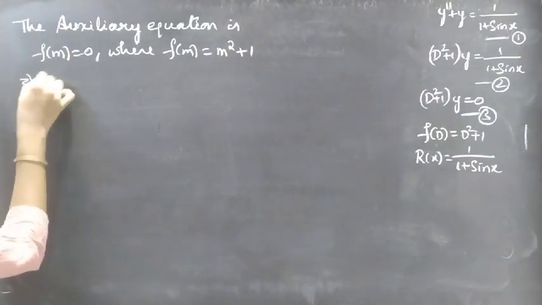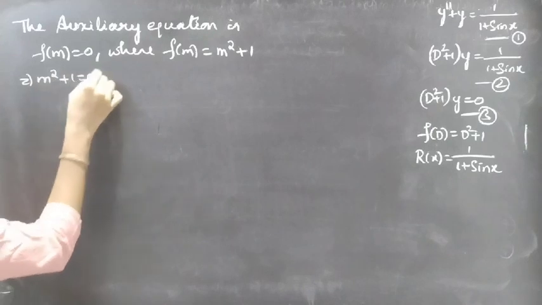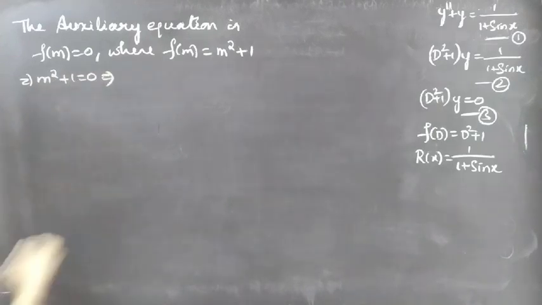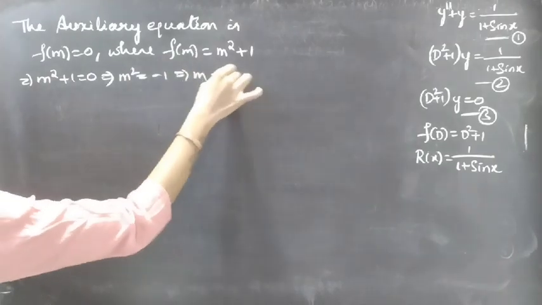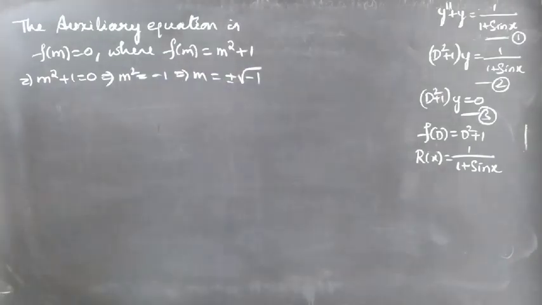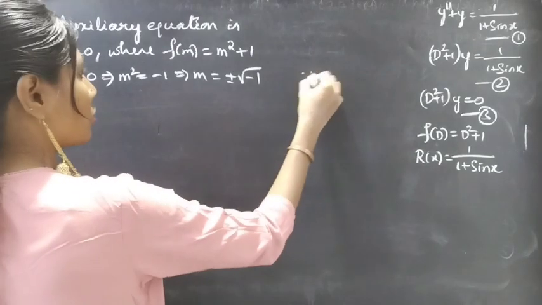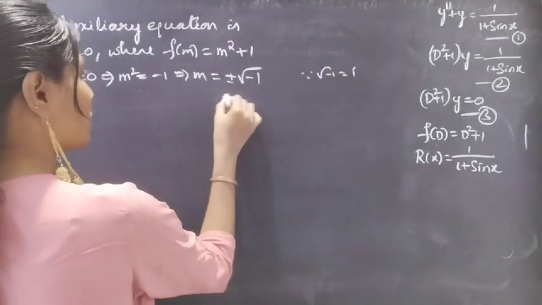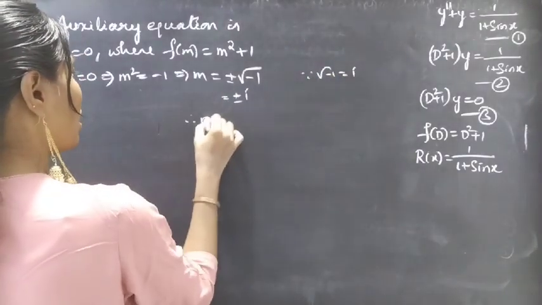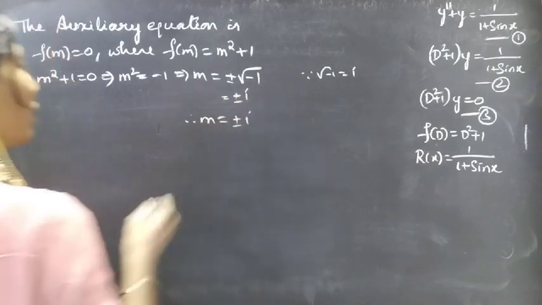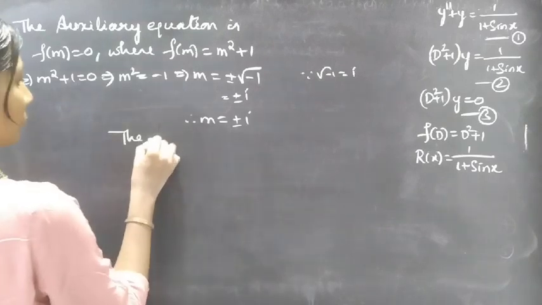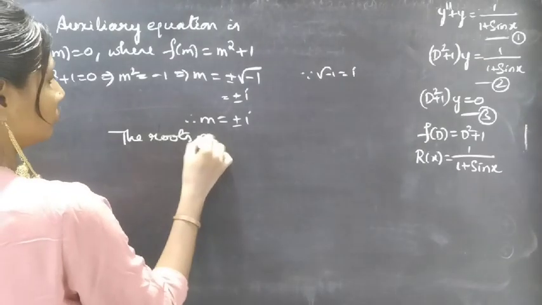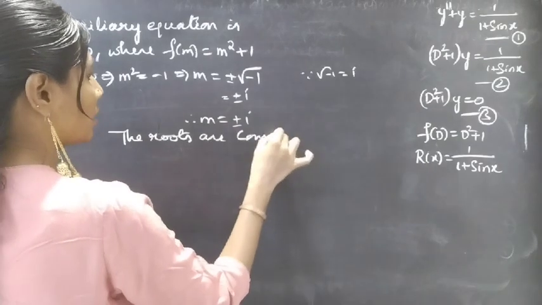Now the auxiliary equation becomes m square plus 1 equal to 0. From this we'll find the roots. You can write it as m square equals minus 1, then m equals plus or minus square root of minus 1. Since square root of minus 1 is i, we get plus or minus i. Therefore, m equal to plus or minus i are the roots of the auxiliary equation. So the roots are complex conjugates.